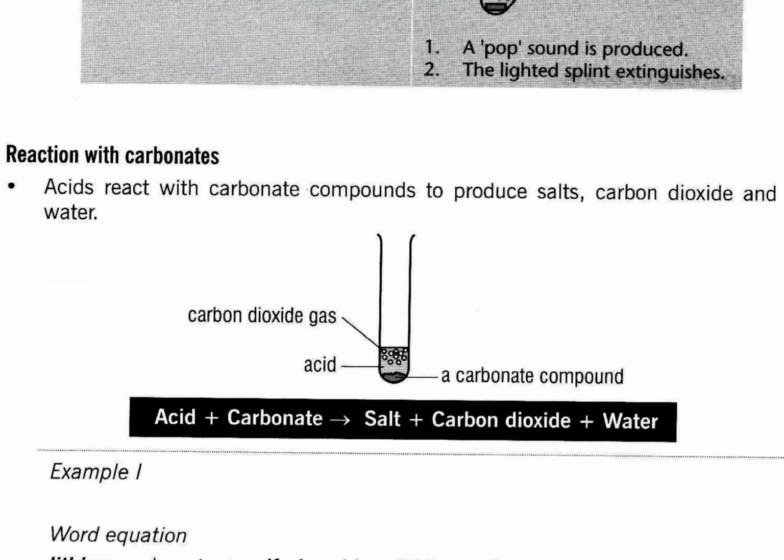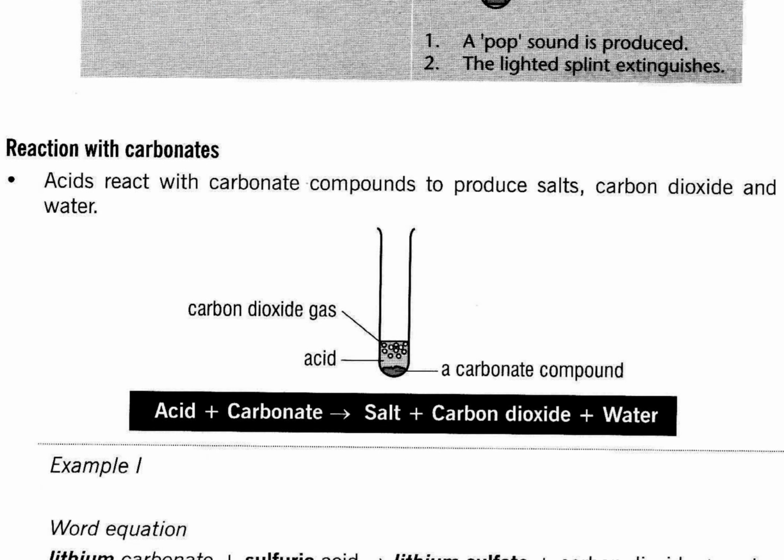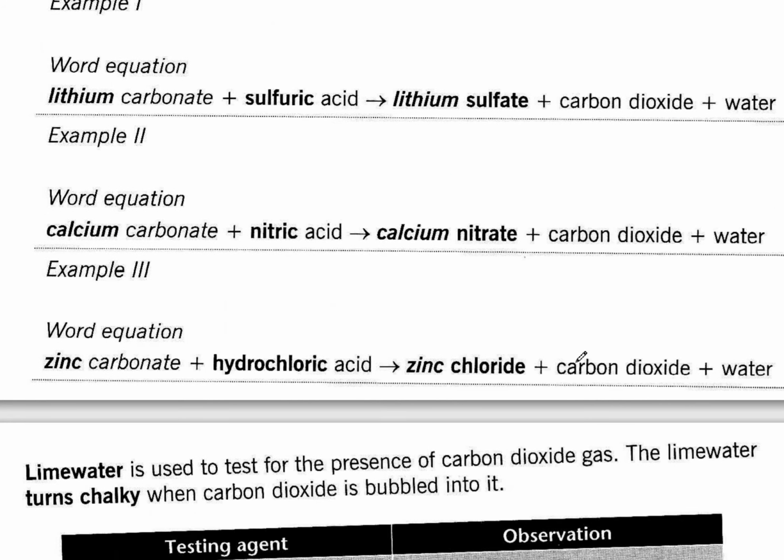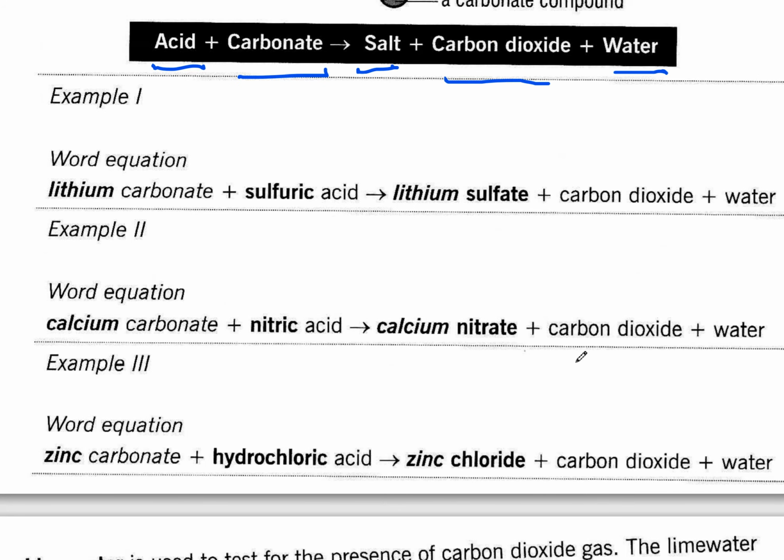Second, let's look at the reaction of acids with carbonates. Acids react with carbonates to give you salt and water and carbon dioxide. In the same way, if sulfuric acid is used, you will get a sulfate salt.